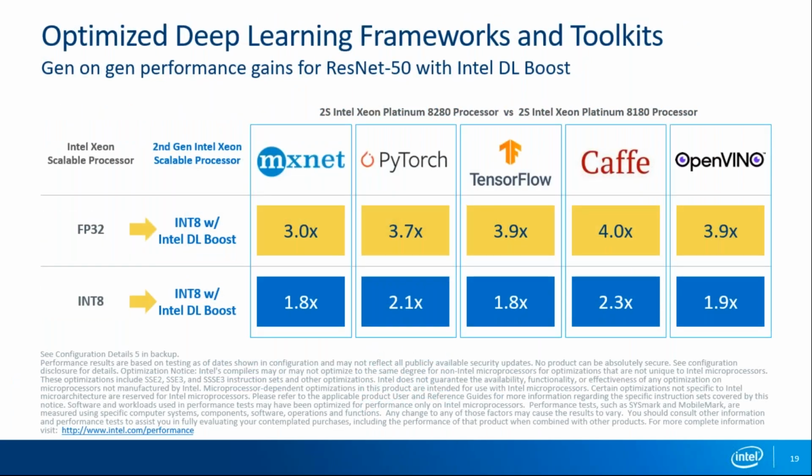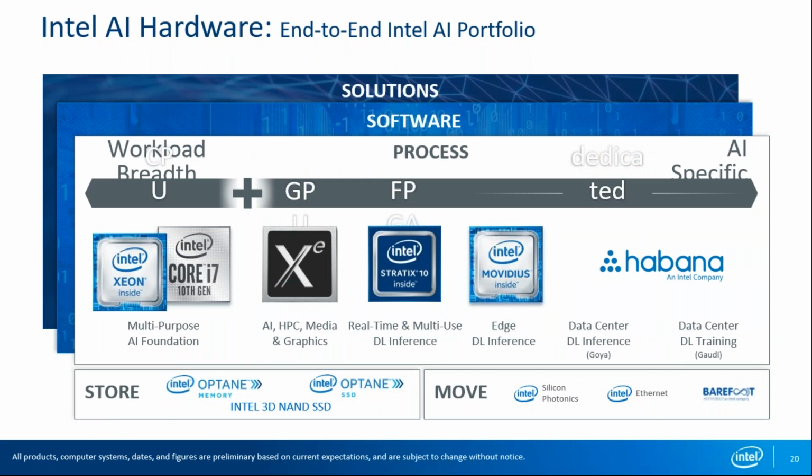So we will skip this one because this only shows how the Intel DL Boost feature can accelerate the performance on the second generation of the Intel Xeon processor. We'll directly move to the hardware we have today for inferencing.